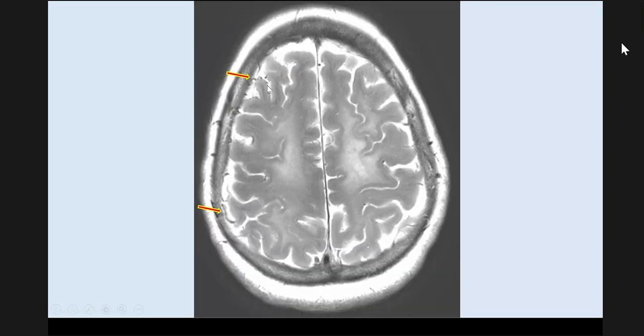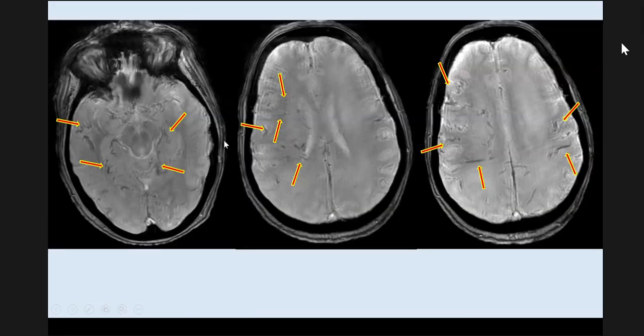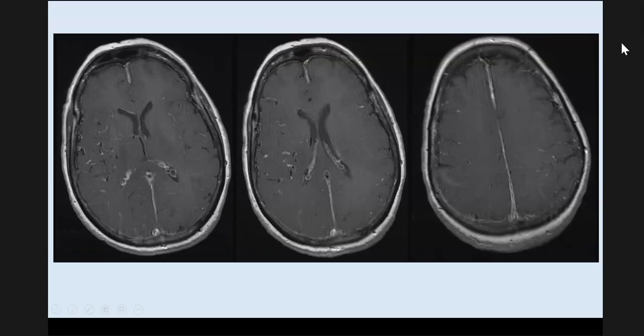So these are all dilated veins. And also in the SWI images, you've probably already noticed there are dilated veins and also some transmedullary veins, congested, dilated veins along the cerebral convexities.